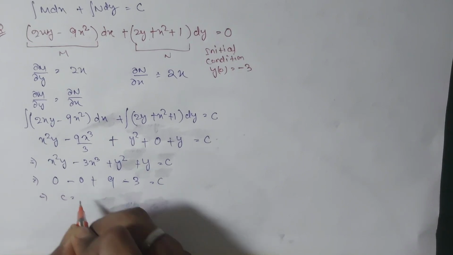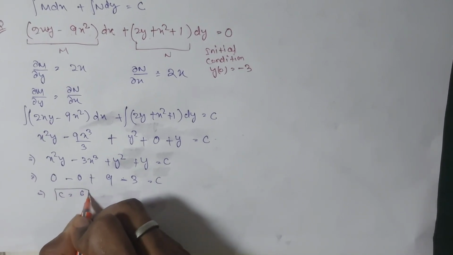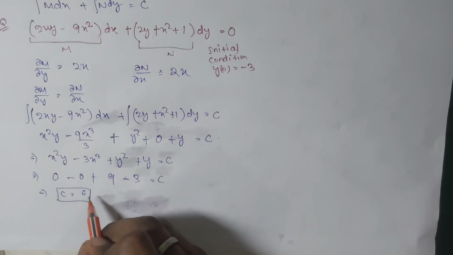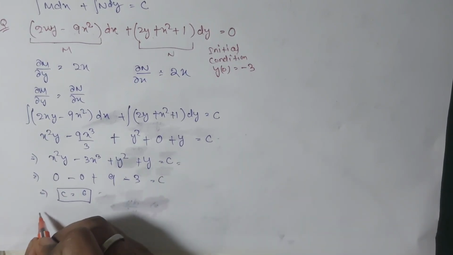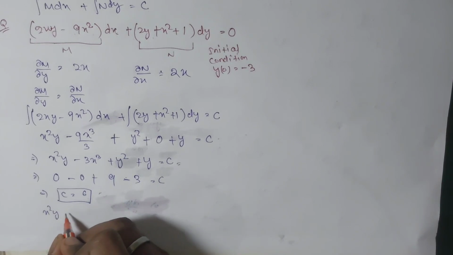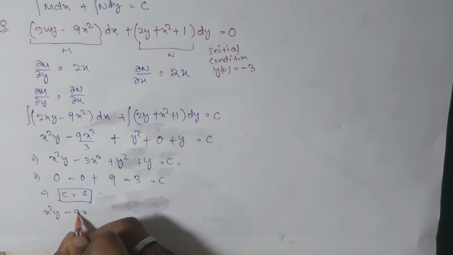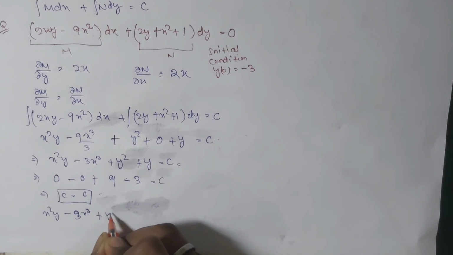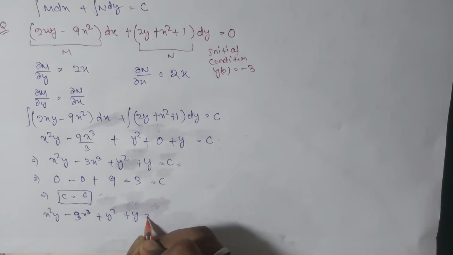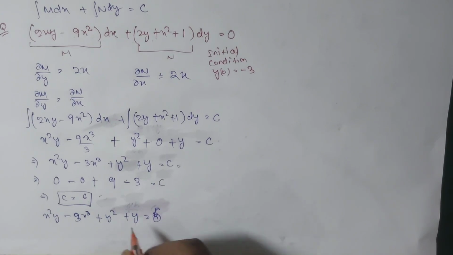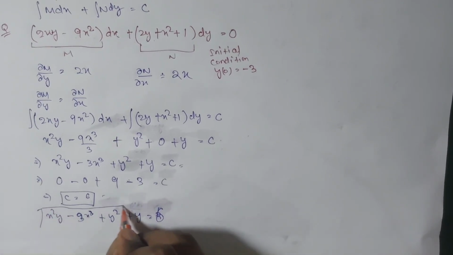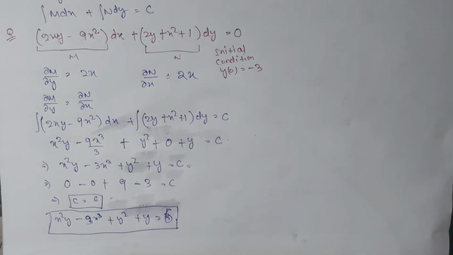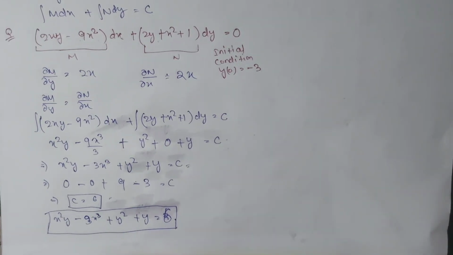So c equals 6. Putting the value of c in this equation, we get x square y minus 3x cube plus y square plus y equals 6, and this is our solution for the exact differential equation.